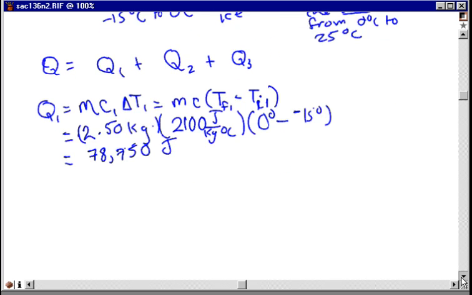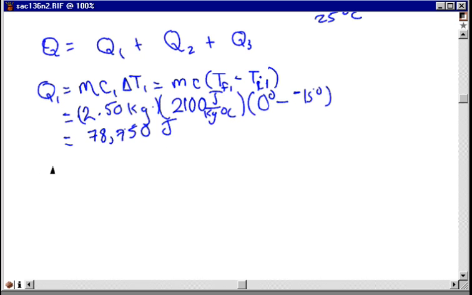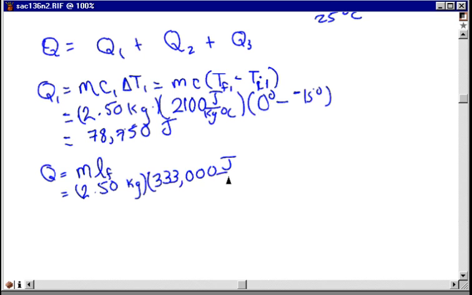To find the heat it takes to melt the ice, we use the idea of latent heat, which is just proportional to the mass. The mass is the same, 2.50 kilograms. The latent heat of fusion for ice, to melt it from ice to water, is 330,000 joules per kilogram.